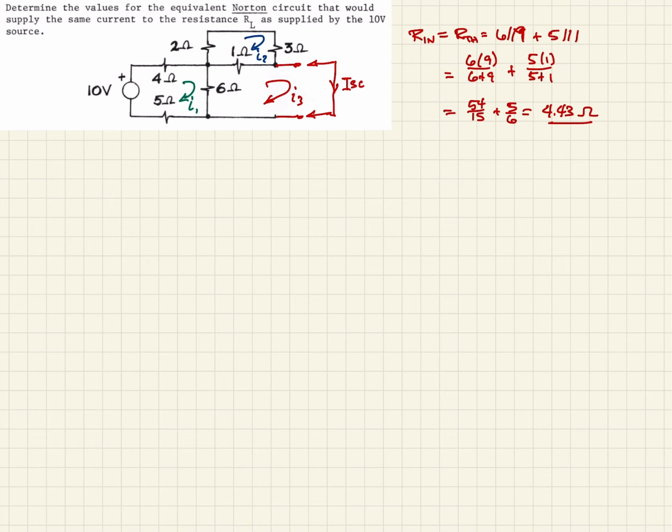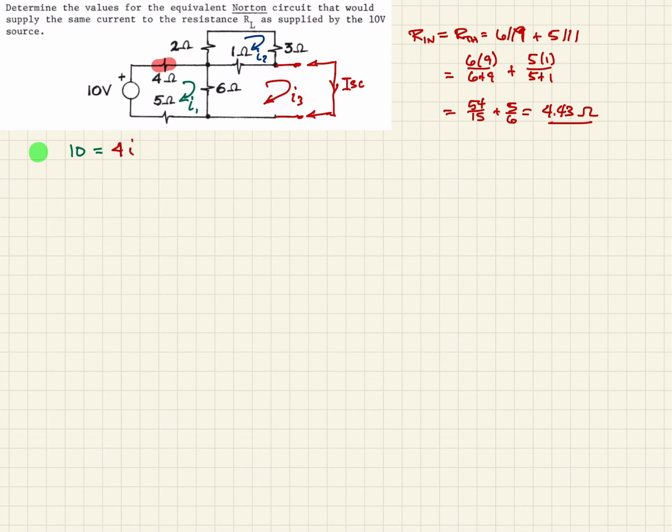So let's do that. So we'll start with the I1, which is in the green. And when we do that, we see that we have a 10-volt supply. So we'll put that on one side, and that's got to equal the voltage drop of all the other resistors. And so when we start to do that, we see that we have this 4 ohm resistor. So that's going to be 4 times I1.